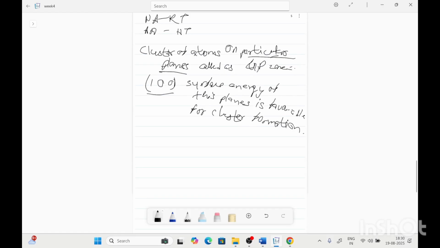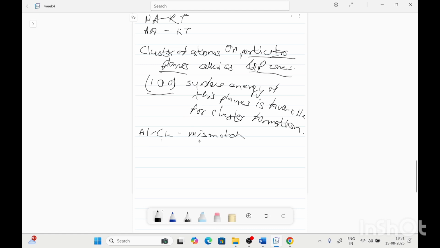So what are these GP zones? In these, the aluminium and copper atoms are arranged in a sequential manner. The aluminium and copper also have some atomic radius difference. Because of that atomic radius difference, there will be a mismatch in the aluminium copper arrangement.